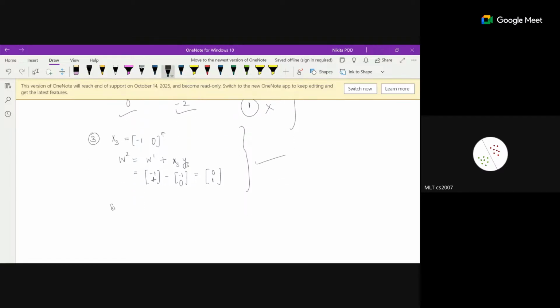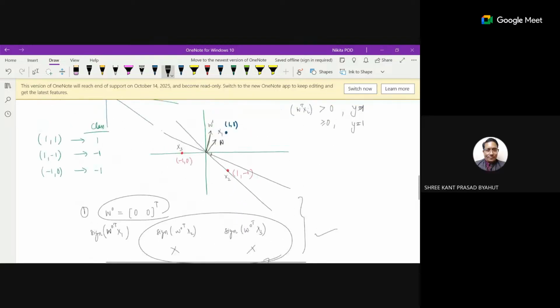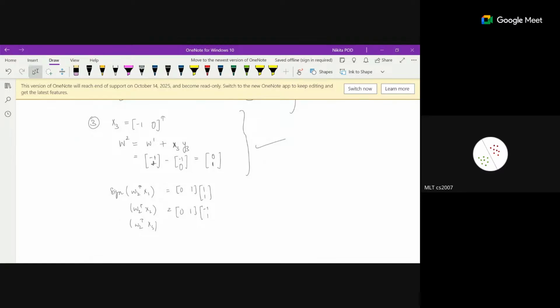Now if I have to check the sign of W2 transpose X1, W2 transpose X2, W2 transpose X3. W2 is 0, 1, and my data point was 1, 1, then 1, minus 1, and 0, 1 with minus 1, 0.